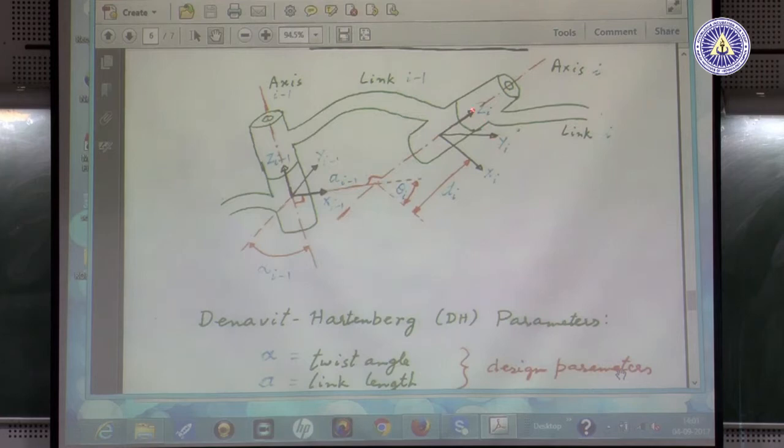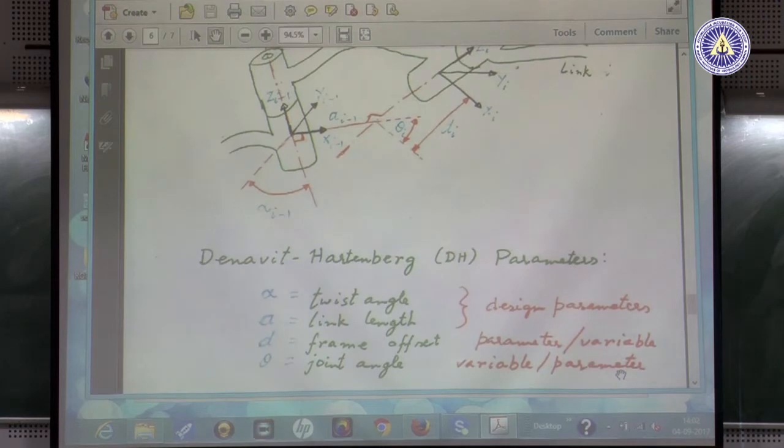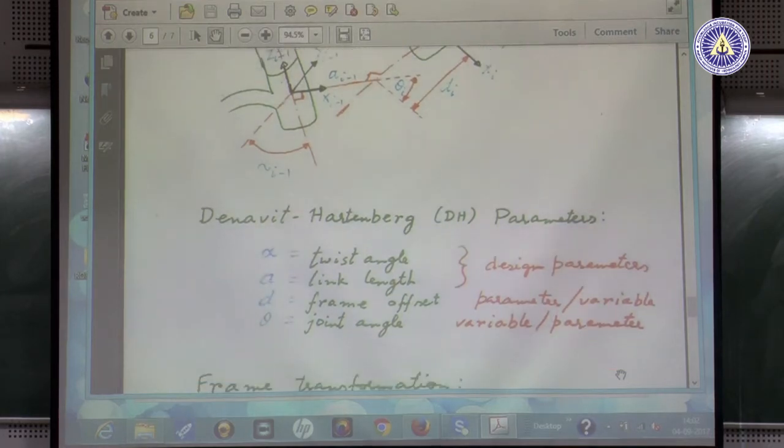Then about this z axis, you turn again through an angle to get the x axis coinciding. So, these 4 steps you have to do, and accordingly the distances moved and angles turned are the 4 parameters that you need to describe this motion.